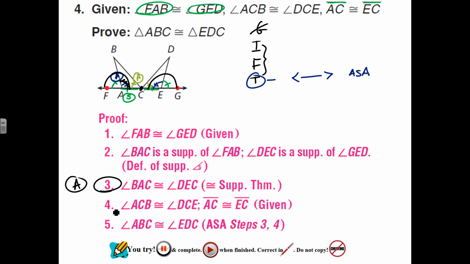Then you had your other angle here and your sandwich side. I put those in one step. You can break that down into 2 steps. It's perfectly fine. And then the triangles are congruent by angle-side-angle.